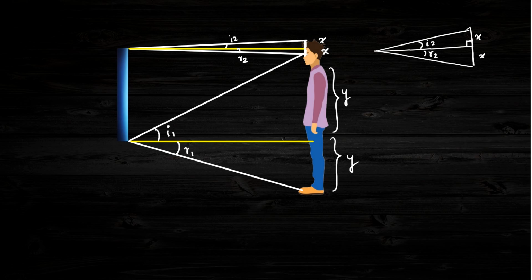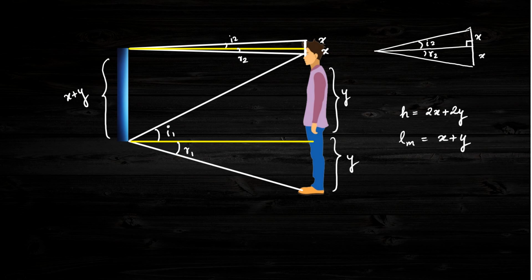Now let us check out the mirror. The length of the mirror is nothing but x plus y. We can understand this, that this is x and this is y. So the length of the mirror is nothing but x plus y. So we don't really bother about what x is and what y is. All that we need to understand is that the height of the observer happens to be 2x plus 2y as seen in the diagram, and the length of the mirror L happens to be x plus y.